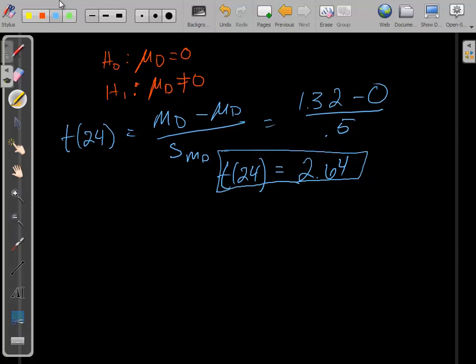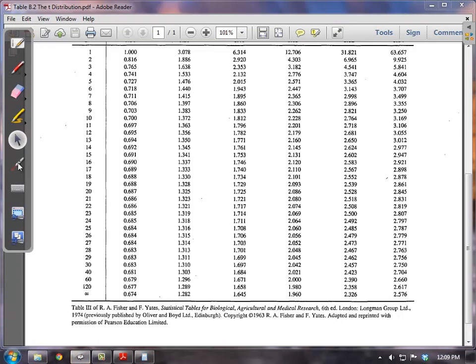Now, if you look at the problem, it says use a two-tailed test and compare at alpha equaling 0.05. So if alpha is 0.05, we could switch over to our t-table, and we scroll down until we find degrees of freedom 24 right here.